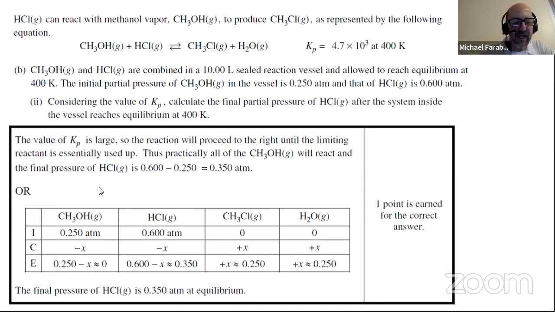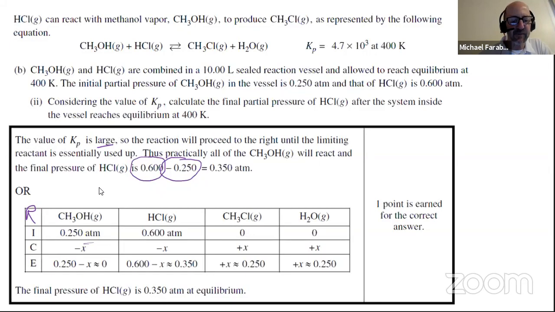It says the value of Kp is large, so the reaction will proceed to the right until the limiting reactant is used up. So we had 0.6 atmospheres for the HCl, and we had 0.25 atmospheres for the CH3OH. And as you can see in this little rice table, the CH3OH would go down by essentially 0.25. And then that same amount, because of the 1-to-1 mole ratio, you can treat mole ratios and pressure ratios the same.